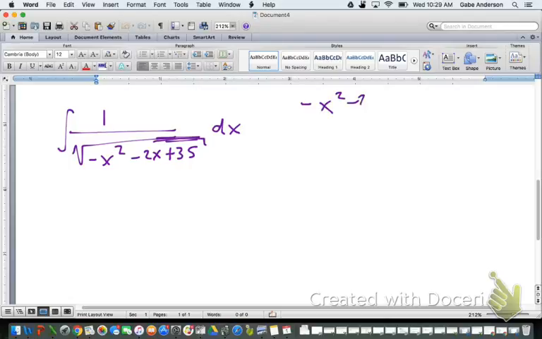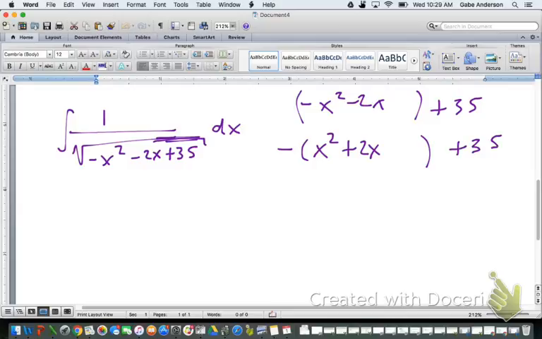Negative x squared minus 2x plus 35. What I'm going to do is group the first two. I'll leave a little space in the next step as well. The trick about these is that a negative a value is not good, so I'm going to factor out the negative. My next step would be this: negative parentheses x squared plus 2x, and then plus 35. And then we focus on the b.